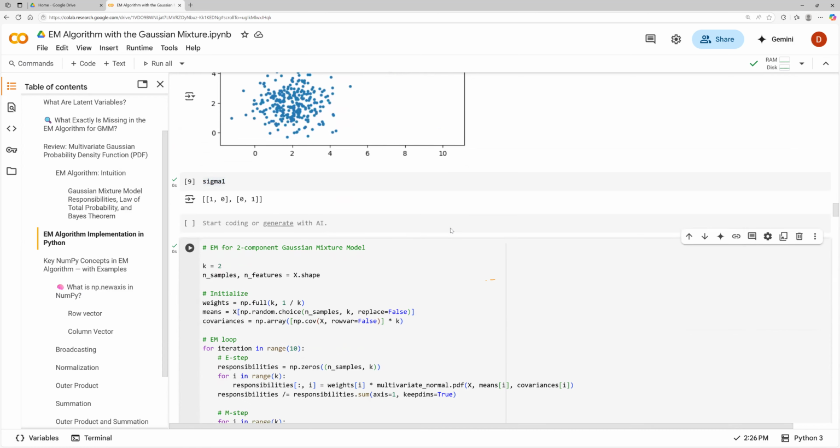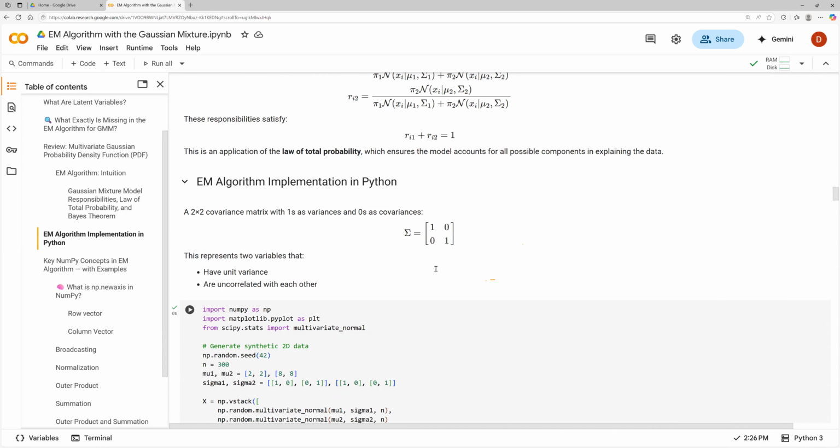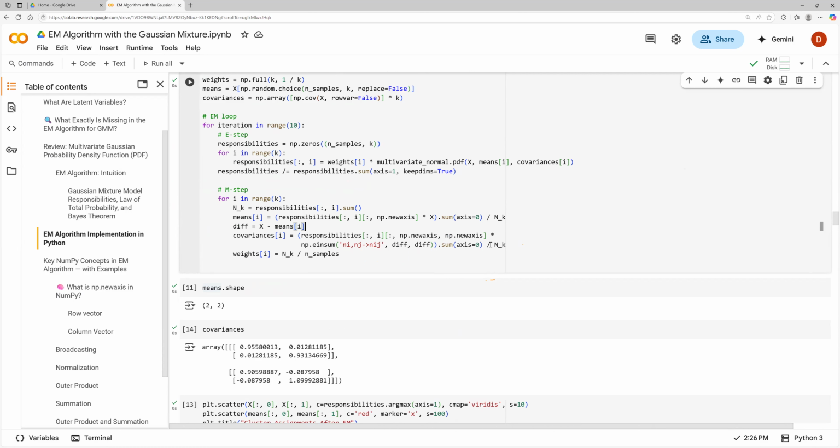And that's what we're doing in the code right here. For the covariance matrix right here, N_k is the sum of the responsibilities.